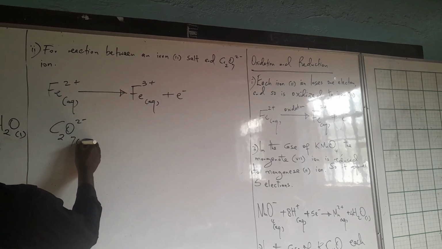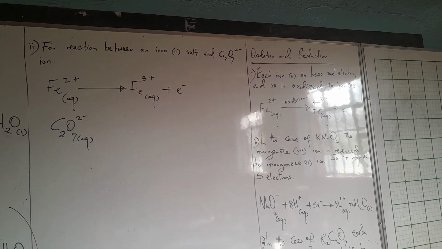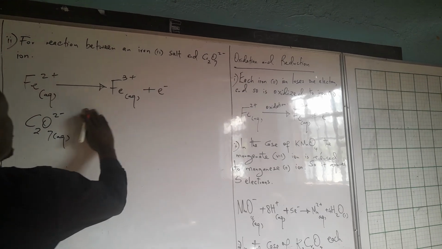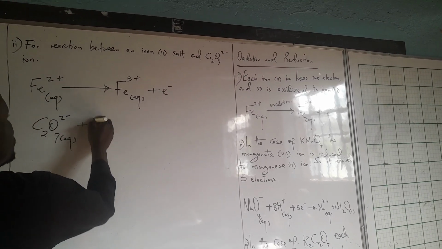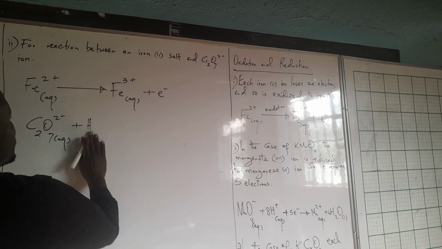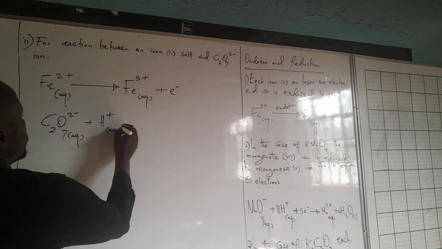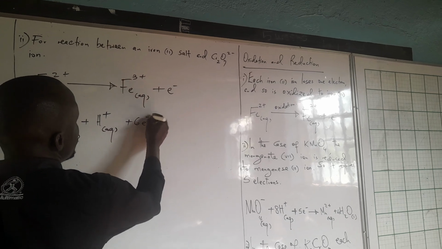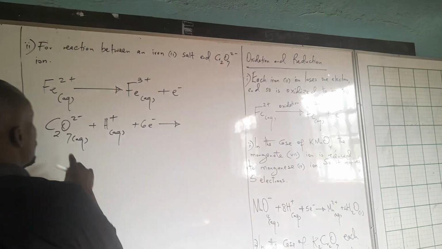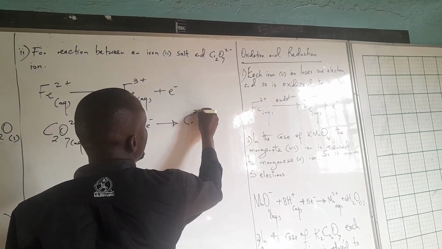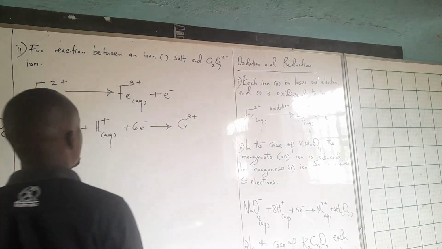And we have said, how many electrons does it need? 6. That one I've explained in the presence of an acidic medium. You need 6 electrons. So this one is reduced to chromium 3.